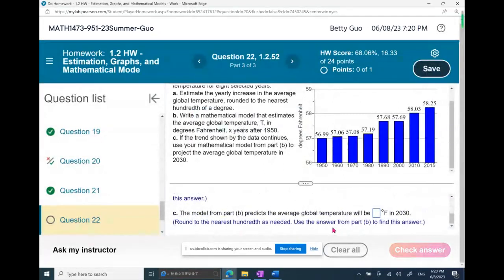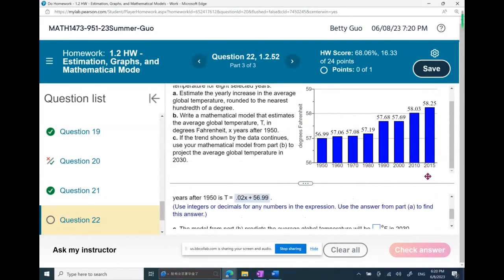Yeah, this is an equation of the line we can use to approximate the increasing trend. For part C, we should predict now. The model from part B predicts the average global temperature will be what temperature in 2030? Okay, we do not start from 2015. We start from 1950.